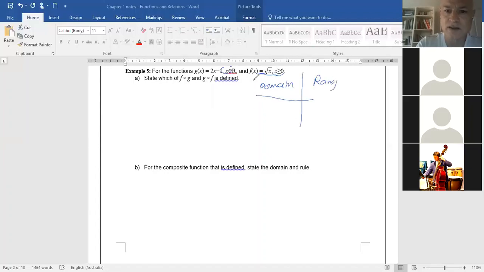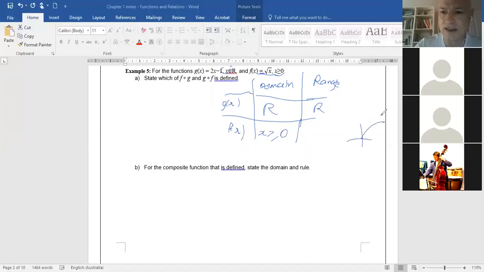I'll do my g of x here, my f of x here. g of x has a domain of reals, and it's a straight line, so the range will be reals. F of x equals the square root of x, and the domain is x greater than or equal to 0. And remember, square root of x looks like that. So the range is y greater than or equal to 0.